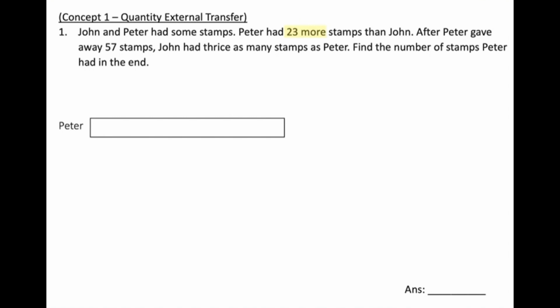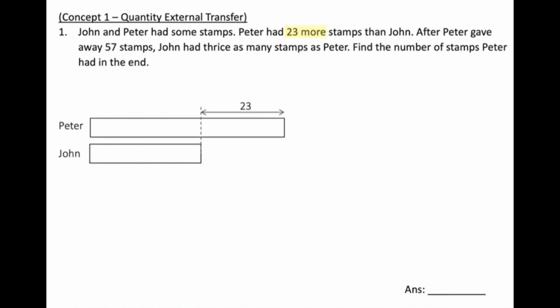So there will be many ways you can solve a question. The basic rule is this: whenever a question has the word more than or less than, 90% of the time you should use the model approach. Okay. So Peter has 23 more than John. So this is a standard comparison model.